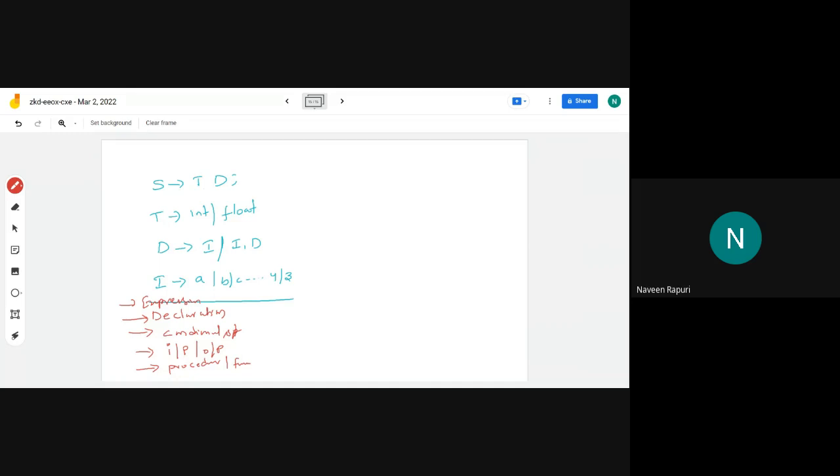Now the question is, with this given grammar, what type of statement is accepted? We need to check. S derives T followed by D followed by semicolon. You can replace T with int or float. Suppose I replace it with int.